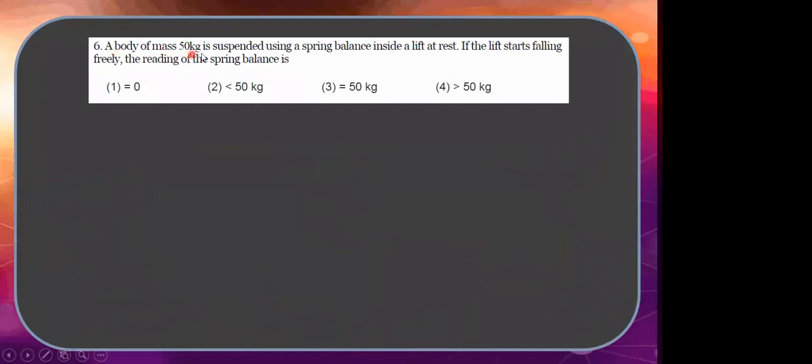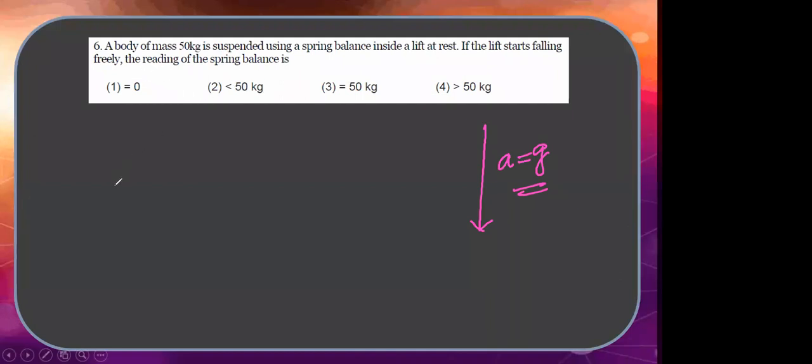A body of mass 50 kg is suspended using a spring balance inside a lift, which is at rest. If the lift starts falling freely, what is the reading of the spring balance? If it is falling freely, acceleration is equal to acceleration due to gravity. Then what did they ask?